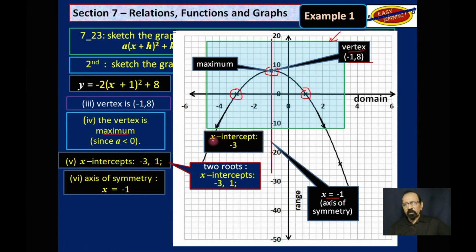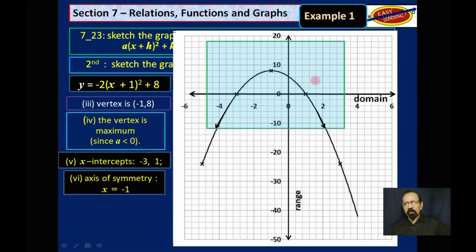So we know the x-intercept, -3, which is this one down here, and 1, which is this one here. So this is what the sketch of your graph will look like. If you want, you could put in these after or even before.